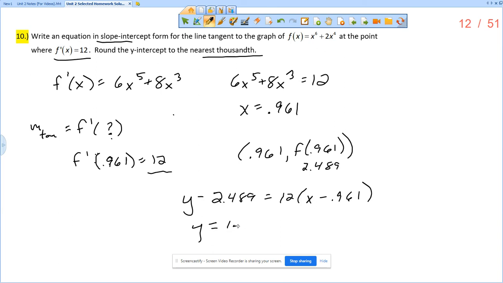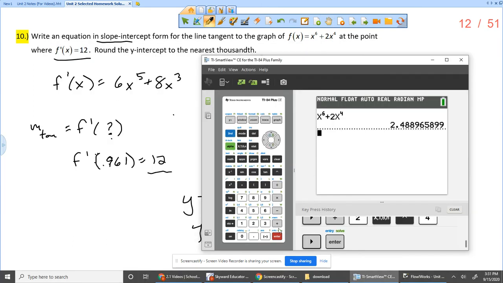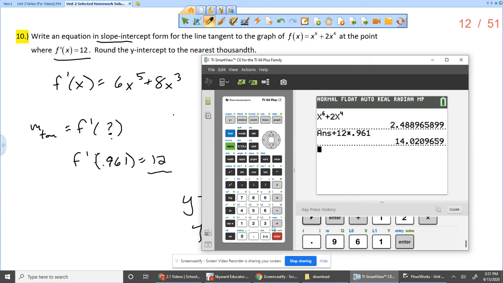I have 12 times x minus 12 times 0.961, and then I need to add 2.489. So I need to take 12 times 0.961 plus 2.489.